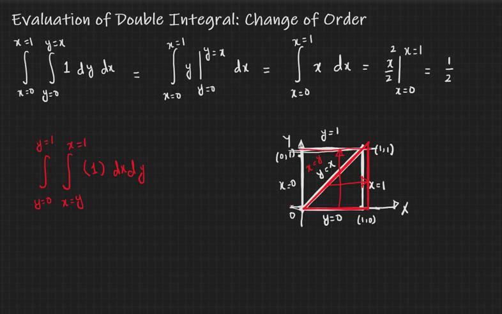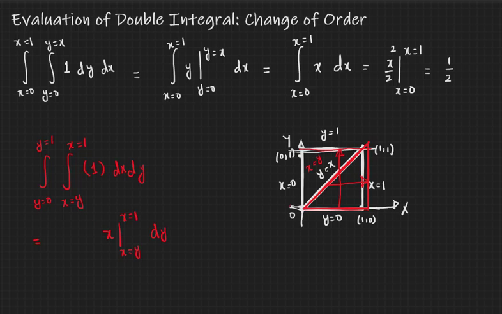Okay, let's check whether this works or not, whether we are getting the same result or not. So we will evaluate this integration with respect to x first. The integration of 1 with respect to x would be x, taking the limits of integration, x equals to y to x equals to 1.